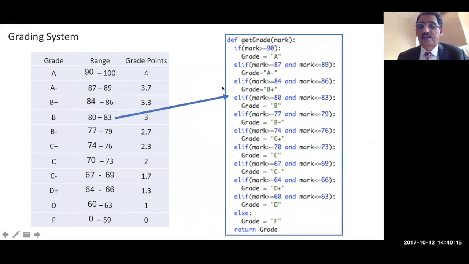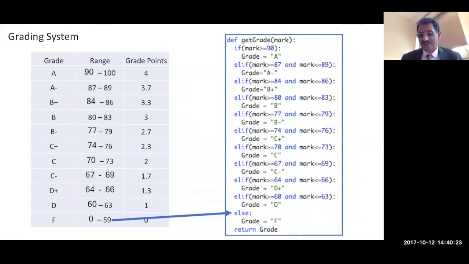Then it goes to the second condition and continues that way, going down until the last one that has no hope for anything. Yeah, which is else, and else in this case is anything below that. So the answer will be F for that grade.